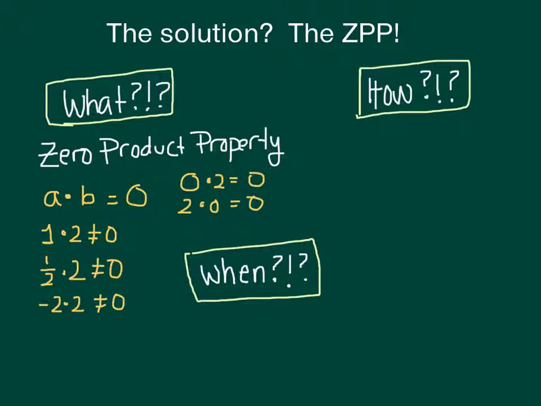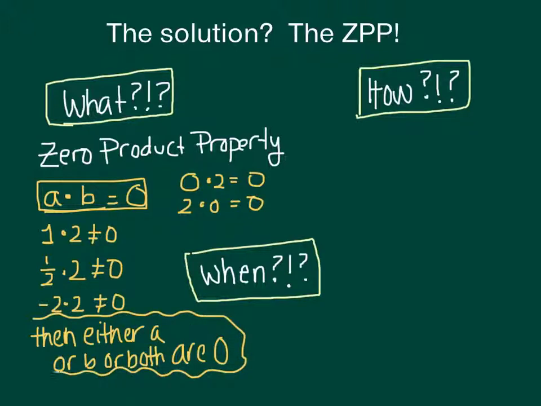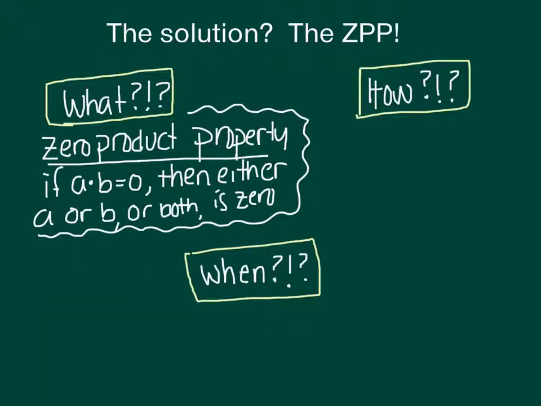So the important takeaway is that if I have two numbers multiplied together and they equal 0, then either A or B or both are 0. This is what's going to allow us to solve quadratic equations. The next thing to consider is how are we going to use this? When is this actually going to help us solve quadratic equations?